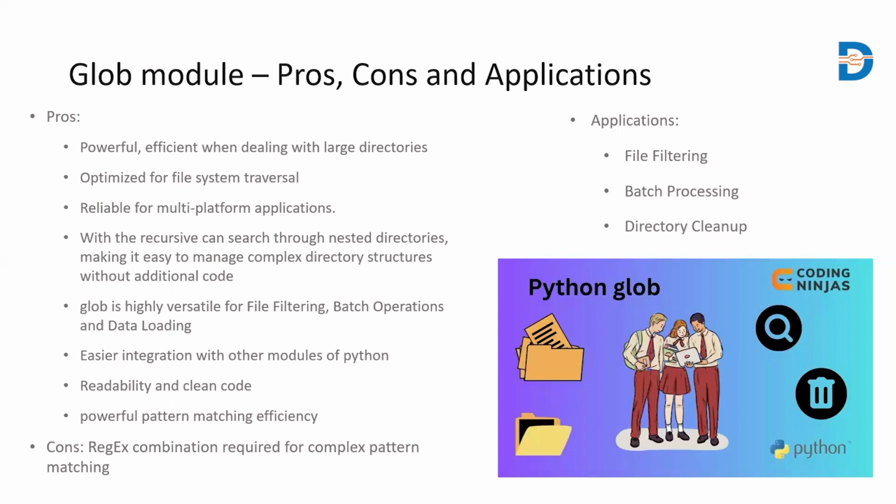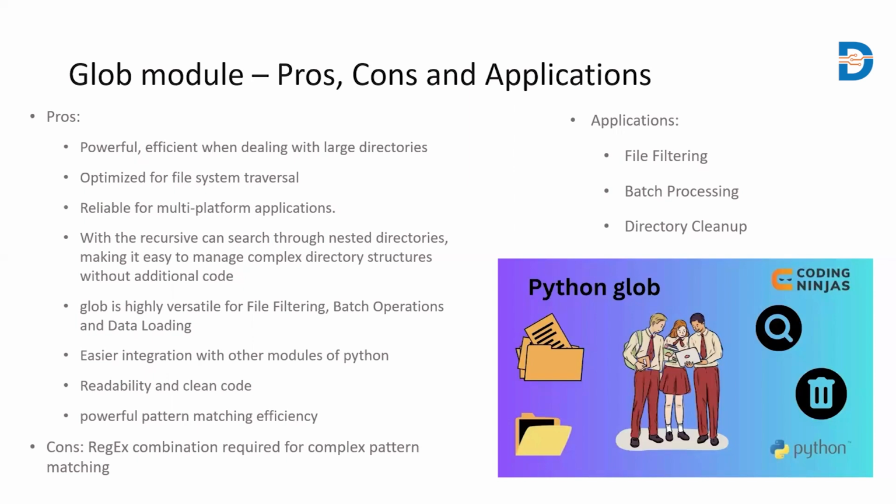With the recursive methods available, you can search through nested directories, making it easy to manage complex directory structures without additional code. A simple line of code with the argument recursive equals true can help you search through nested directories in all possible complex structures without writing multiple lines of code. Your Glob module is very versatile that way.